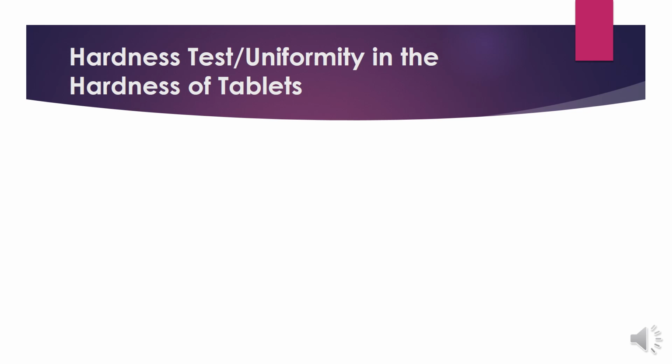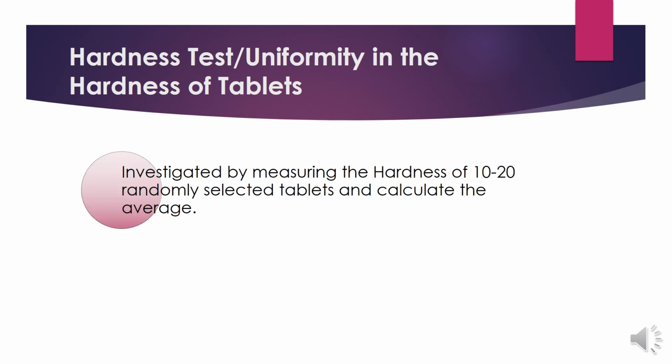Hardness test for tablets, or uniformity in the hardness of tablets. This test is done, or you can say it's investigated, by measuring the hardness of 10 to 20 randomly selected tablets and calculating the average.